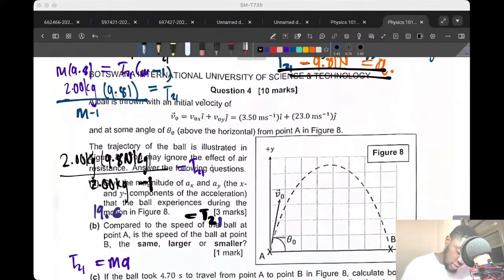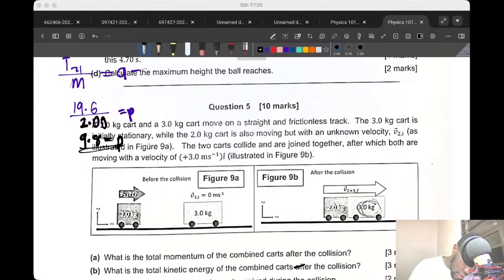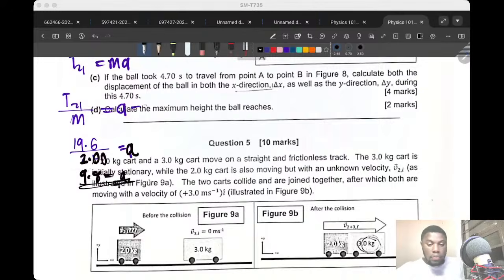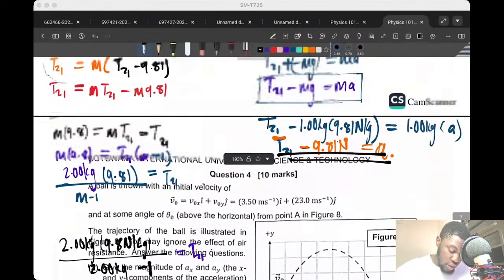So, yes, we got our acceleration. That's what you do with this one.